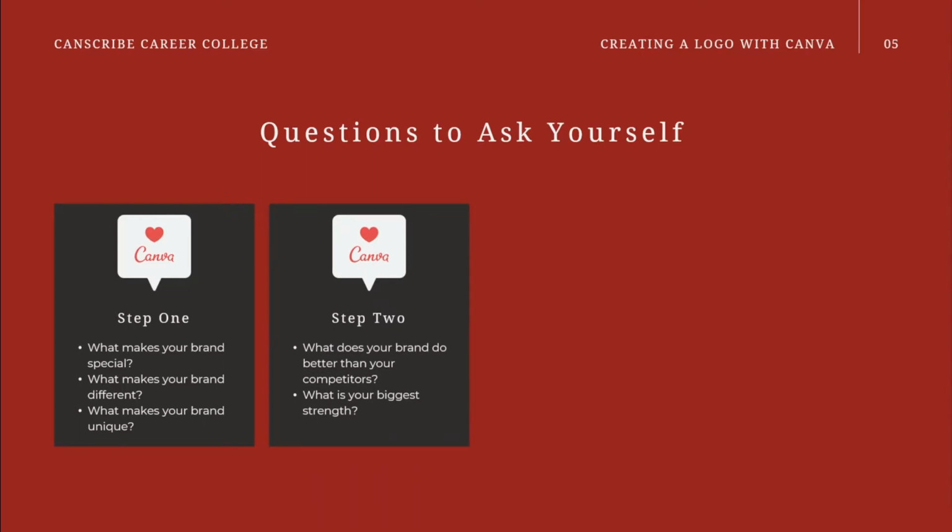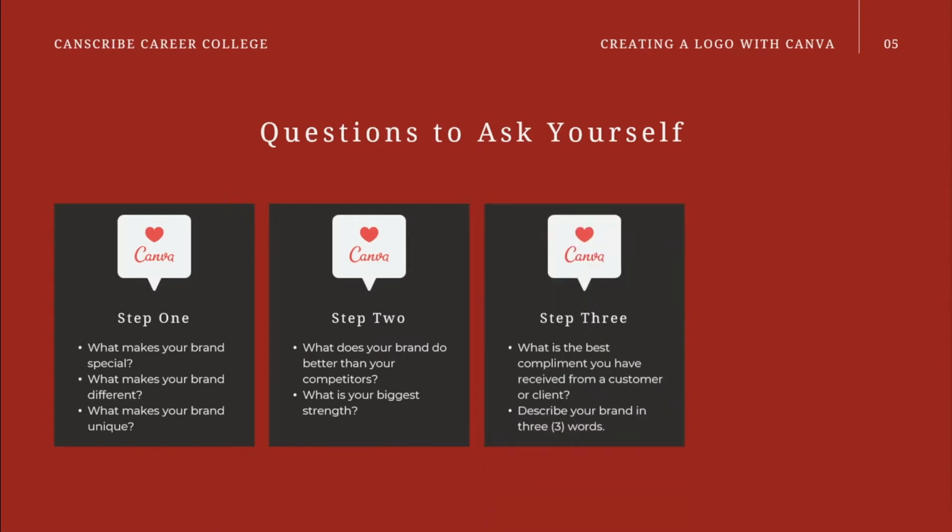So step two, what does your brand do better than your competitors? And the second question to ask yourself is, what is your biggest strength? For step 3, you'll want to ask yourself, what is the best compliment you have received from a customer or client?